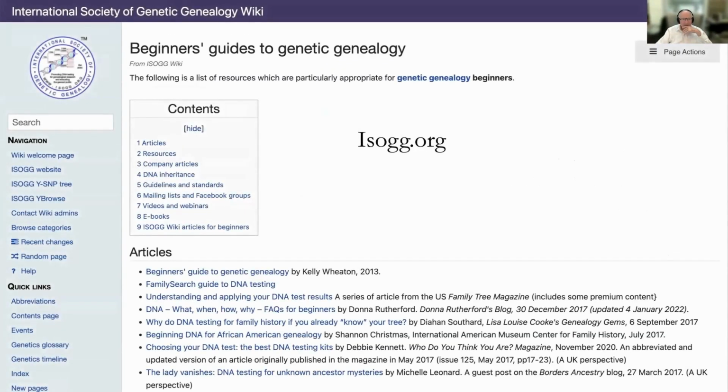The other standard basic, as complete as you can possibly imagine, is the ISOGG, the International Society of Genetic Genealogy Wiki, which has an almost inexhaustible amount of information in whatever amount of detail you can imagine. Some of the articles are fundamental, and some of them get into very, very complex explanations.